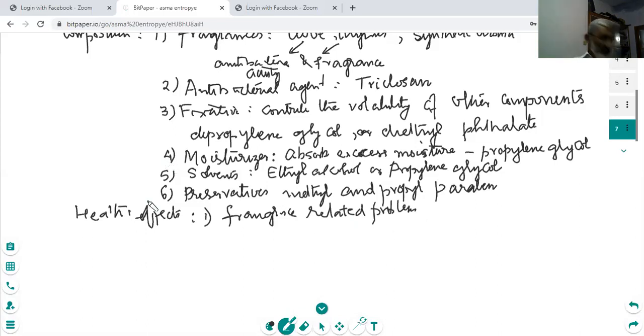Number two, propylene glycol, which we use as a solvent as well as a moisturizer, can sometimes cause allergy.